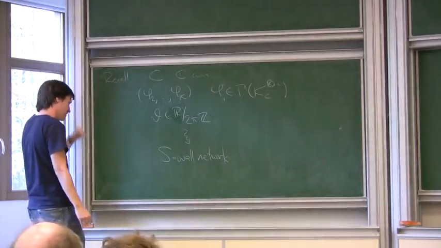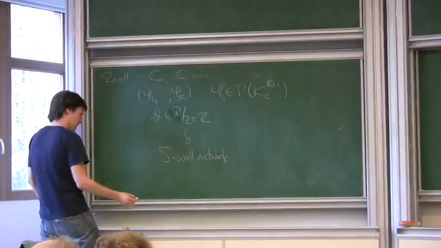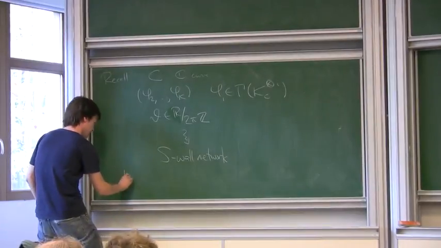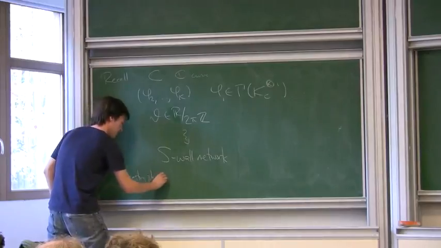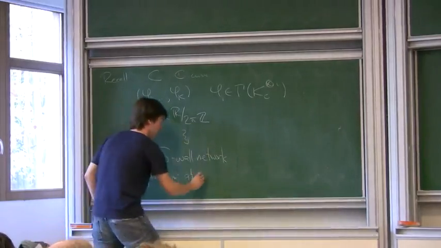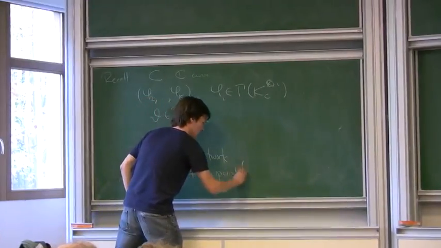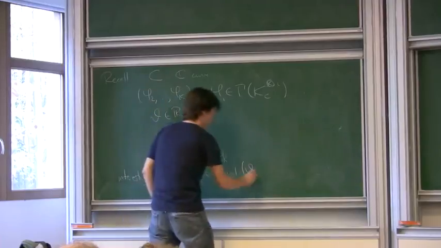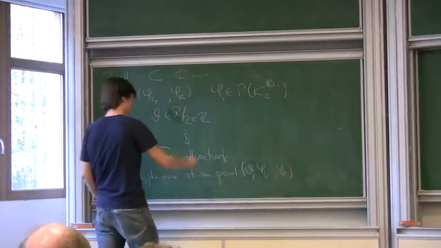All I want to say about it right now is that an interesting phenomenon is that for some special theta, phi 2 up to phi k, let me give this S-wall network a name.